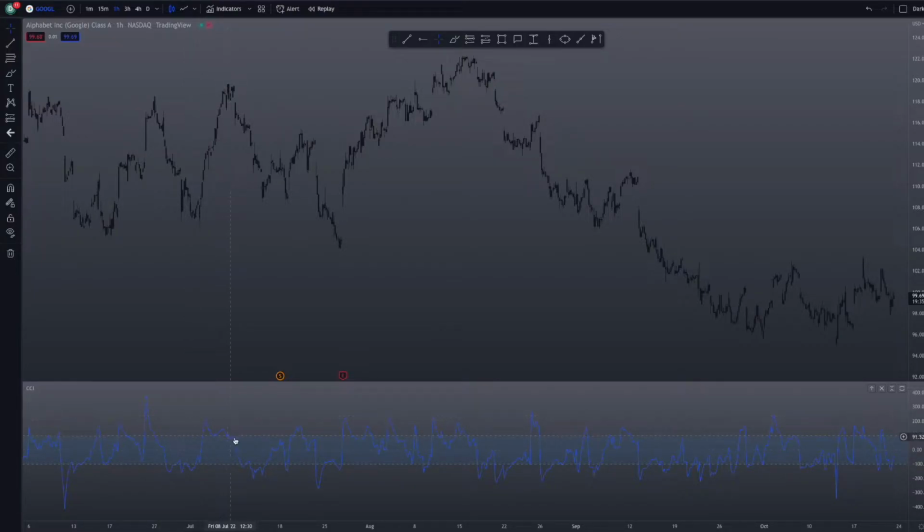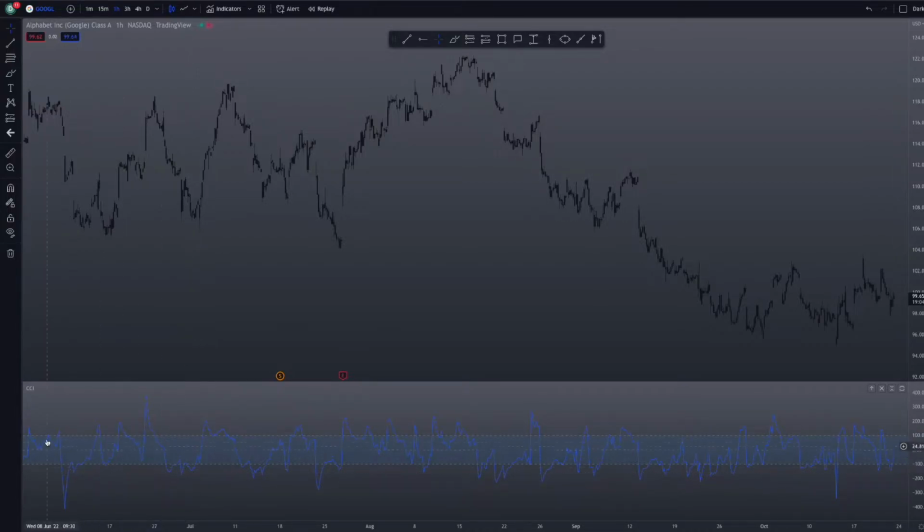It's thought that 70 to 80% of price movements will stay between 100 and negative 100, and anything that pops above 100 is thought to be overbought, and anything that drops below negative 100 is thought to be oversold.